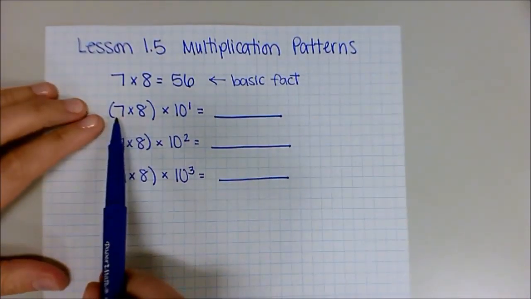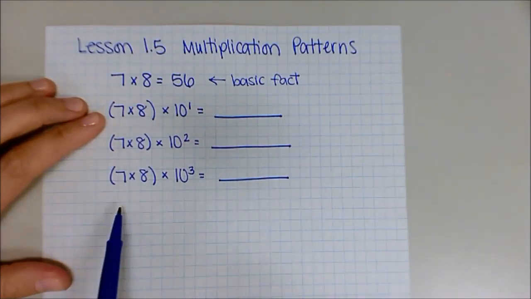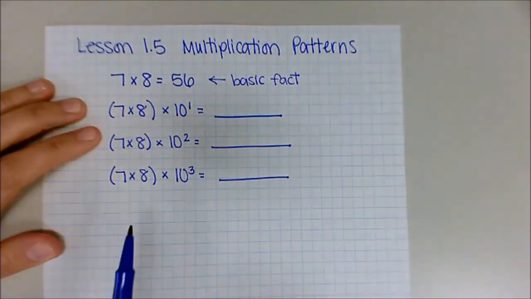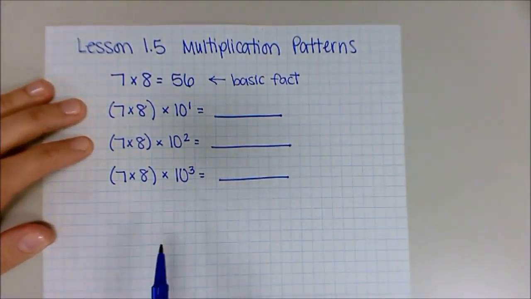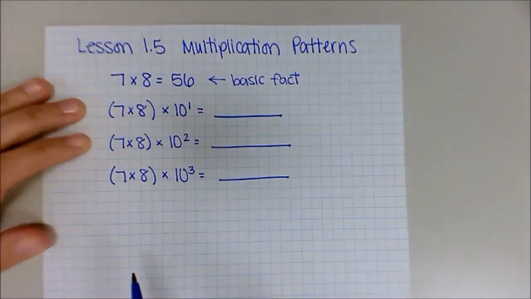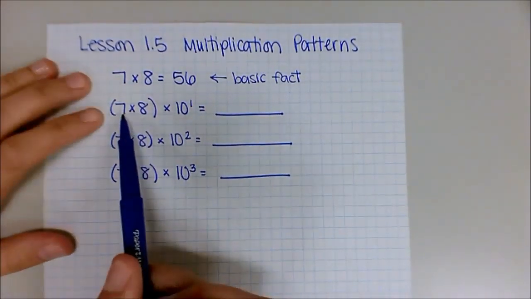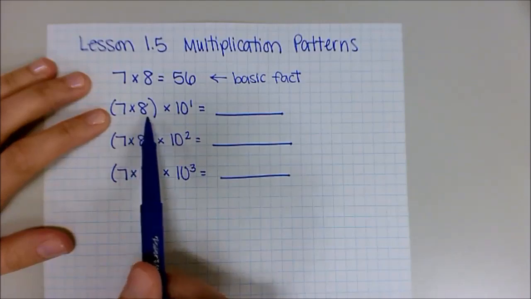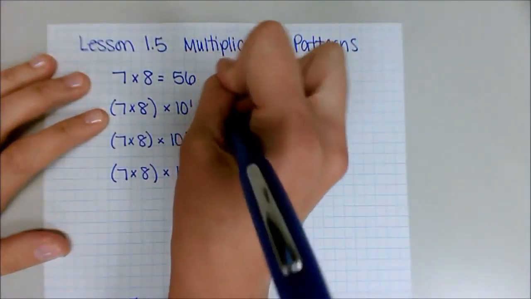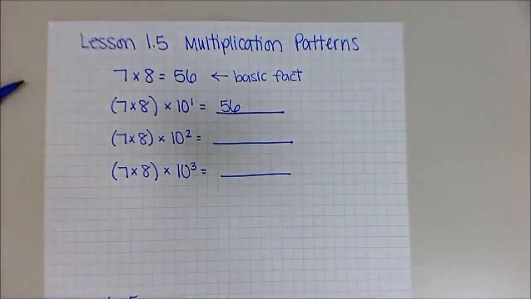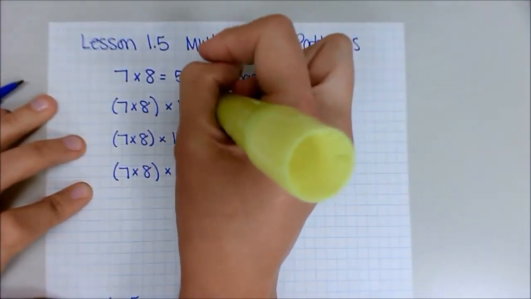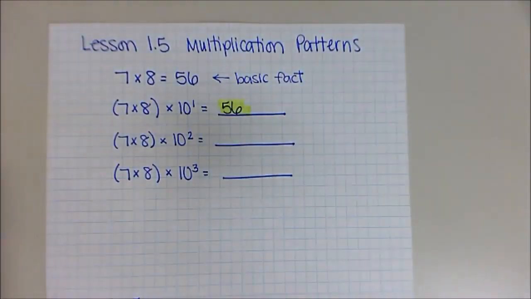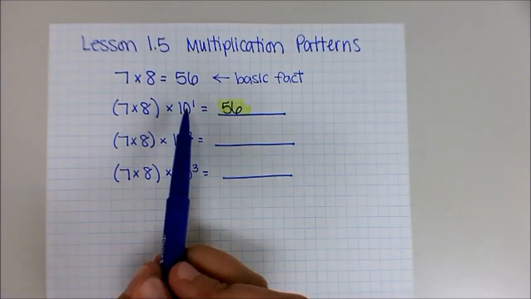So, as you can see, I have 7 times 8 in parentheses all the way down. You do what is in parentheses first in math, according to order of operations. So, I'm going to do in this problem first 7 times 8, and that equals 56. Now, I'm going to leave that 56 alone for the next part. Now I look to my power of 10.